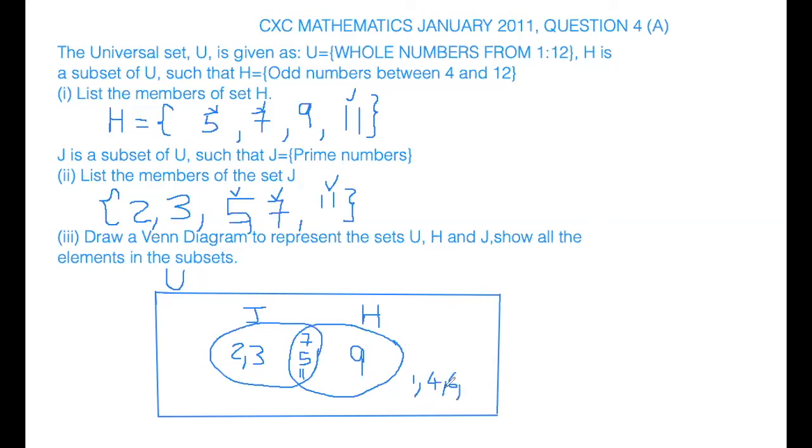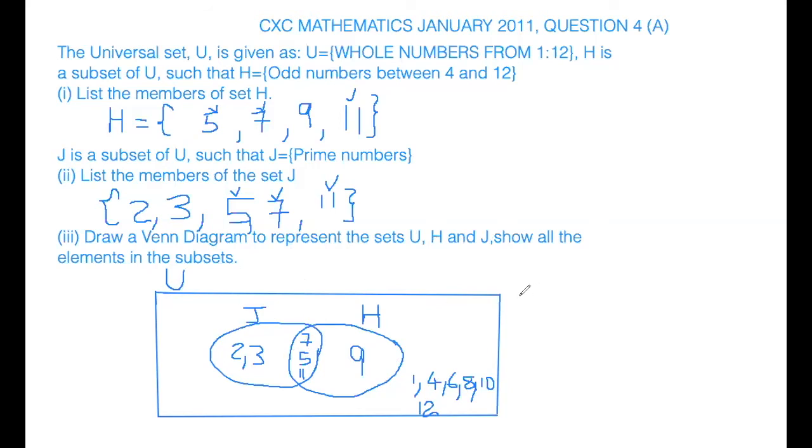We have 7, but not 8, so 8 is outside. We have 9, but not 10. And we have 11, but not 12. So this is the universal set with the Venn diagram for U, H, and J, where outside of the sets we have 1, 4, 6, 8, 10, 12.